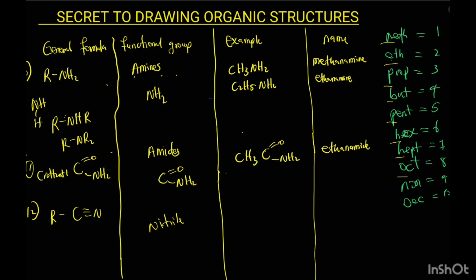Example, we're going to be having something like this: CH3C triple bond N, which is called ethanenitrile. Of course, it came from the fact that we're dealing with two carbons here, right?